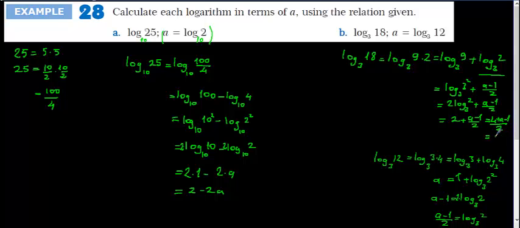This expression is going to be equal to a plus 3 over 2. Therefore, logarithm base 3 of 18 is equal to a plus 3 over 2, or logarithm of 25 is going to be equal to 2 minus 2a. Sorry.